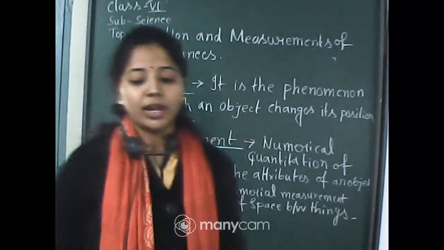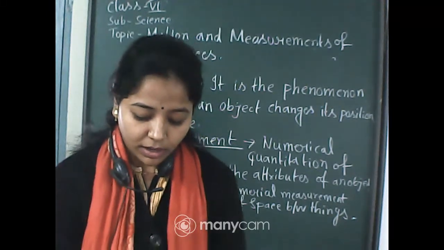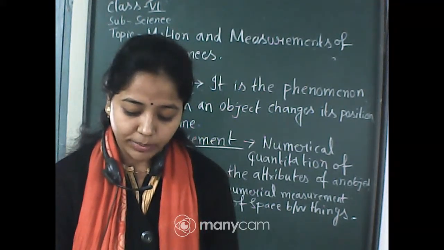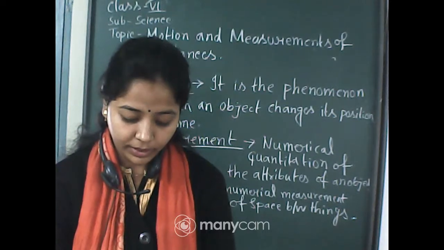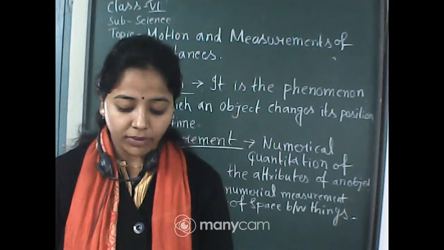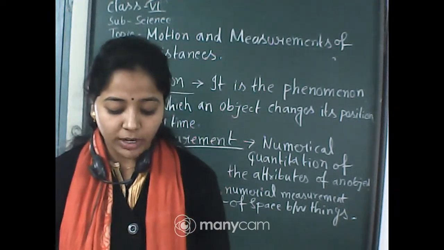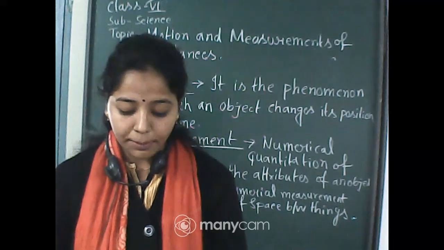Now I will start with the introduction of this chapter, the story of transport. Long ago people did not have any means of transport. They used to move only on foot and carry goods on their back.